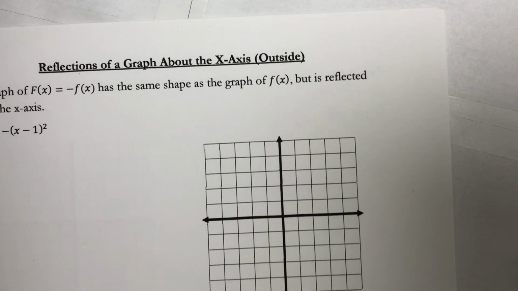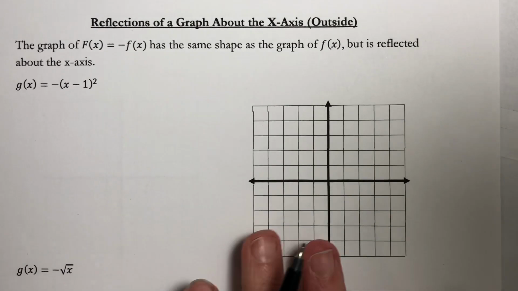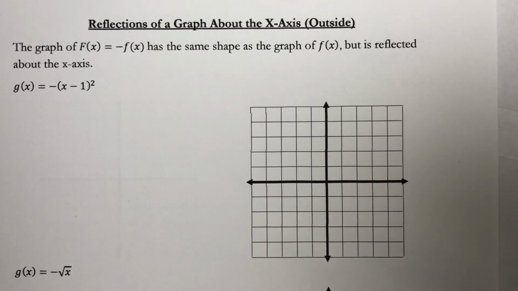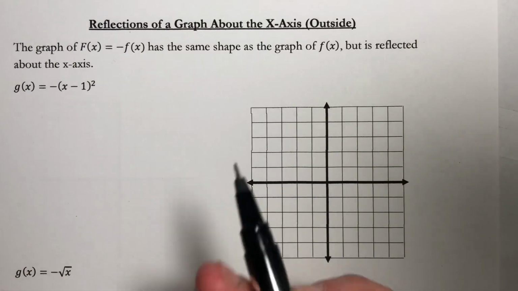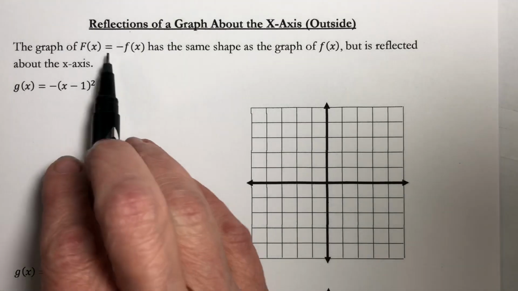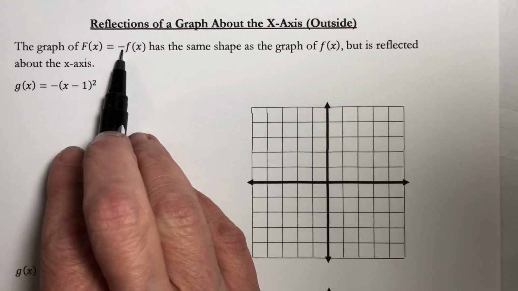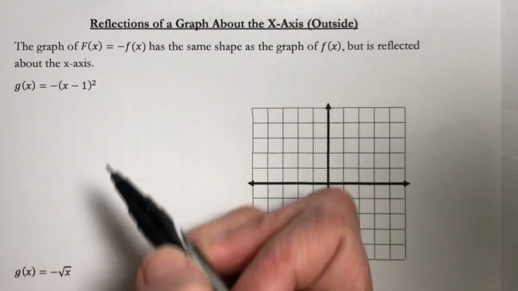All right, so let's consider reflections or flips. If you see a negative involved, you're going to be flipping your graph either across the x-axis or across the y-axis, depending on where the negative is. Here, the negative is on the outside of the function. It's not inside the parentheses here.